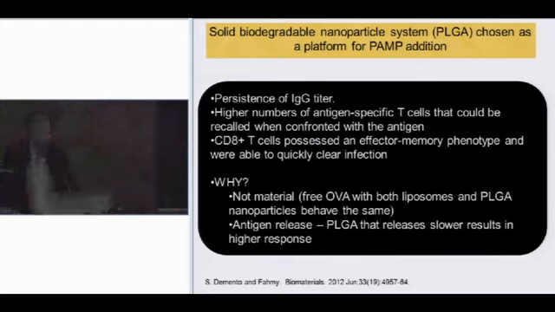A depot effect. The other thing is that this is really not a material issue, in the sense that any slow-releasing system will do this. We used PLGA here because it's safe. We could have used other materials. And then the most important take-home point is the activation of the CD8 and memory-like phenotypic response.